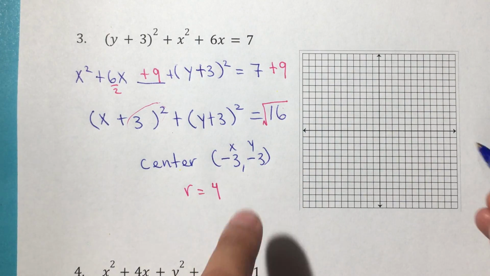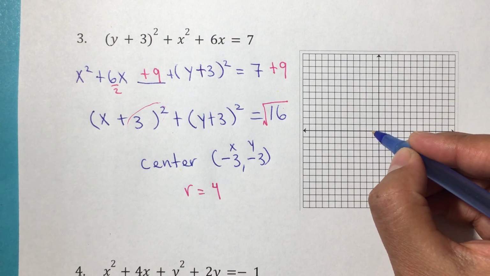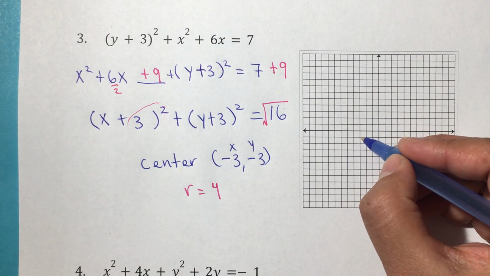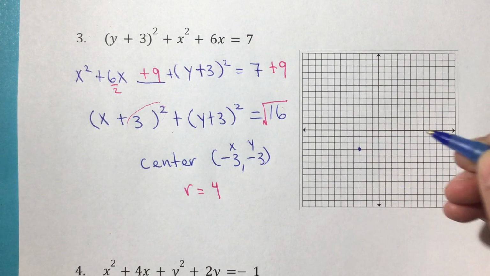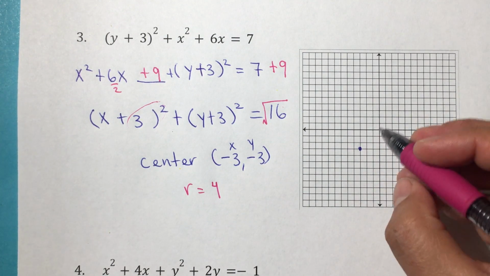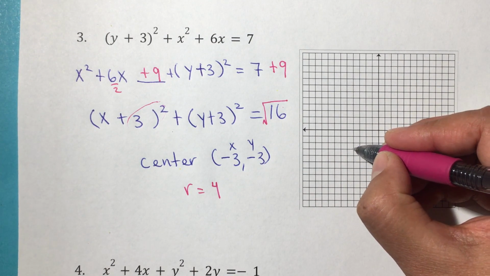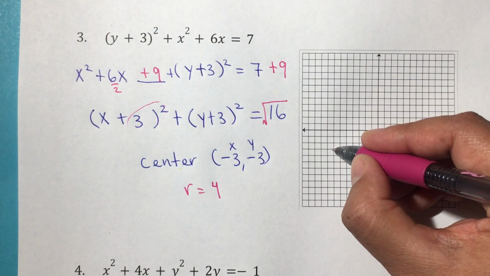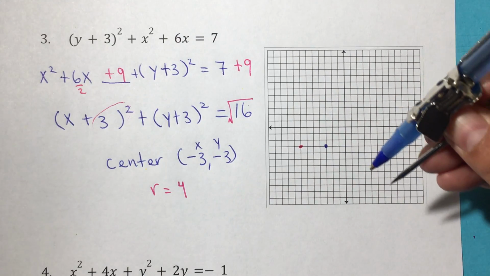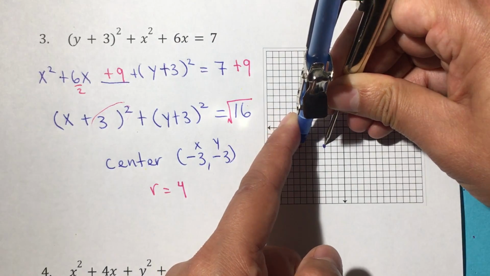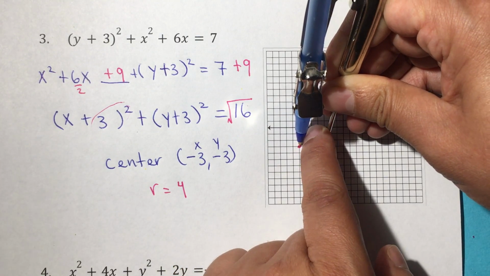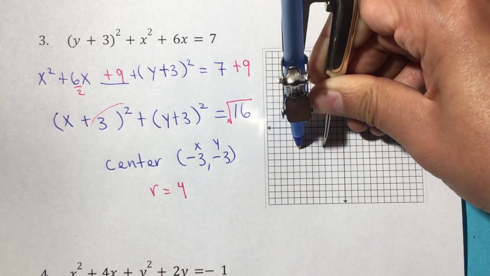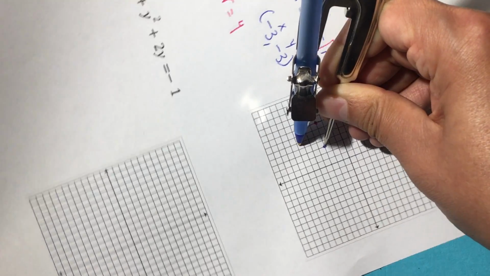The center is at (-3, -3), so -1, -2, -3, right there. And for the radius, we just count 4 spaces, so 1, 2, 3, 4, right there. We open our compass to those 2 points and start rotating our page.